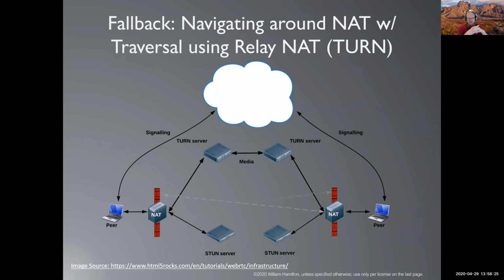Then they specify a key or some kind of credentials, and they send data to that server, and it just acts as a relay. It copies the data and sends it over to the other one. So you're not actually doing a peer-to-peer connection. You're doing a connection through just an intermediary.